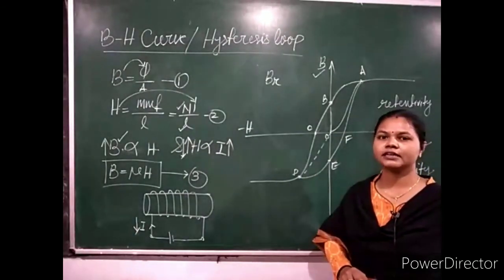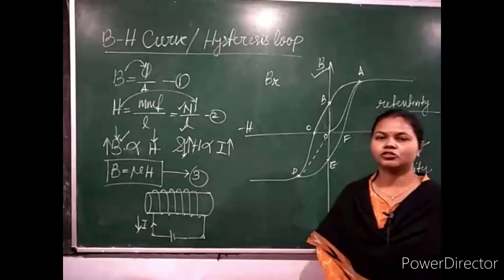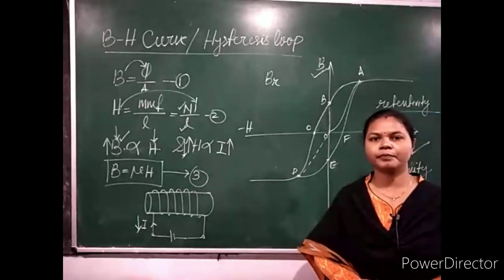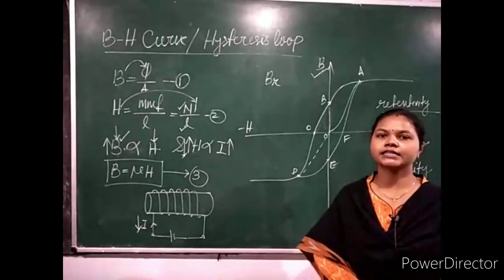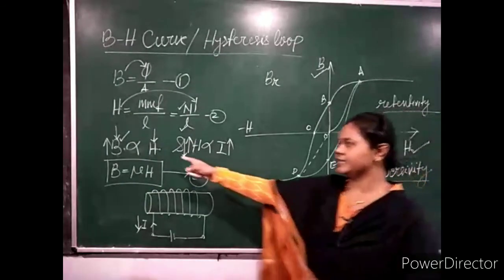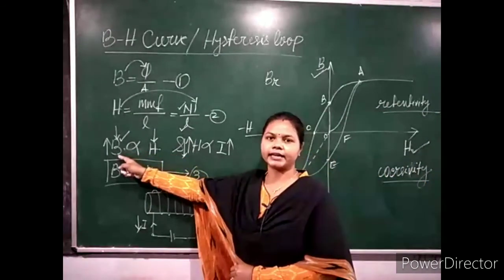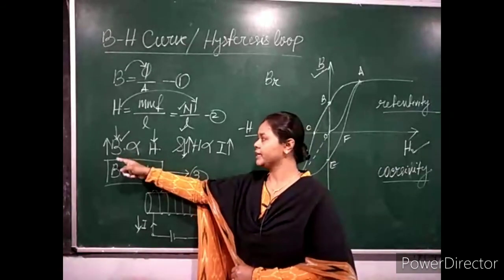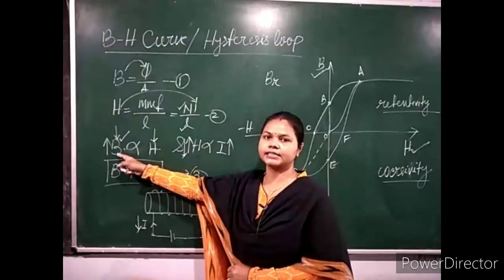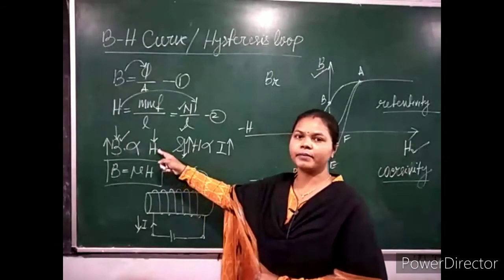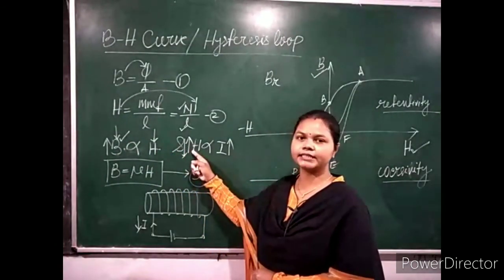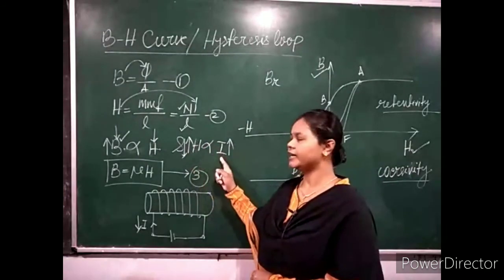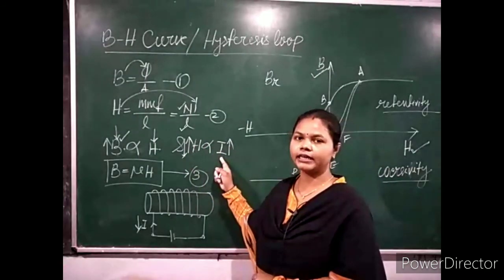So students, after completion of this topic, you have learned that magnetic flux intensity is directly proportional to magnetic flux density. Here, magnetic flux density depends upon magnetic flux intensity, and magnetic flux intensity depends upon the current flowing through the magnetic material.